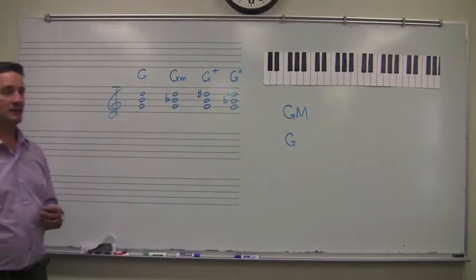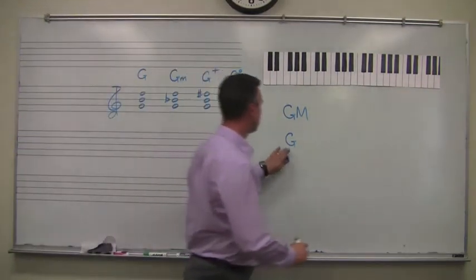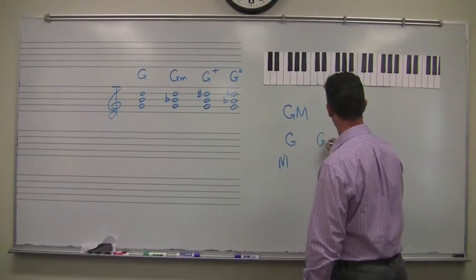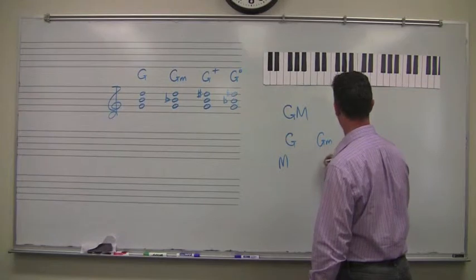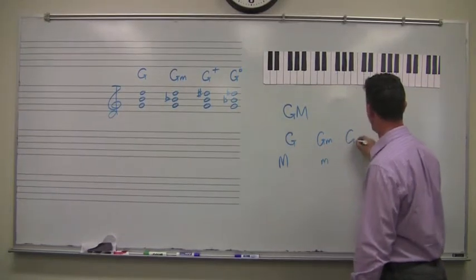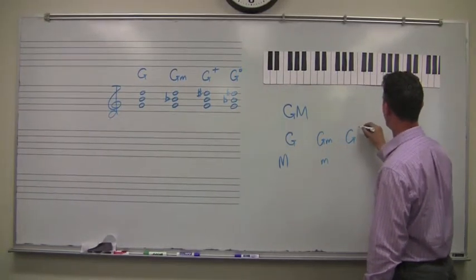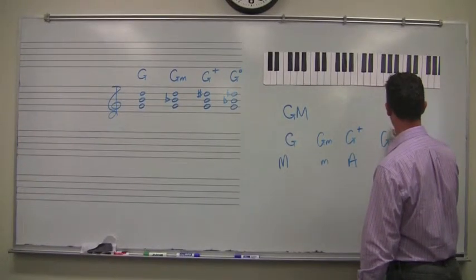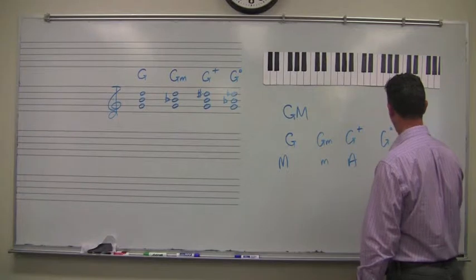The circle means diminished. So, G on its own, major. G with a small m, minor. G with a plus sign, augmented. G with a small circle, diminished.